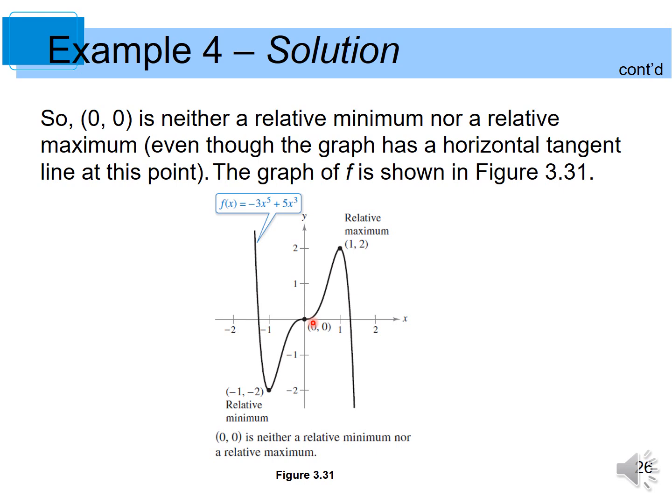And the second point, (0, 0), is neither a relative minimum nor a relative maximum, because when we substitute 0 into the f double prime of x function, the value obtained is 0.